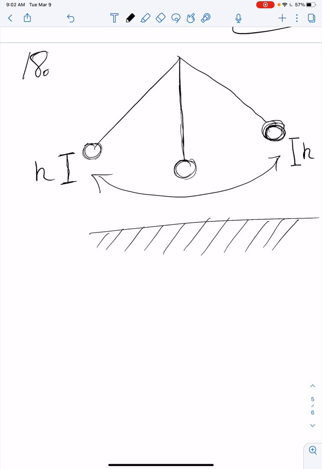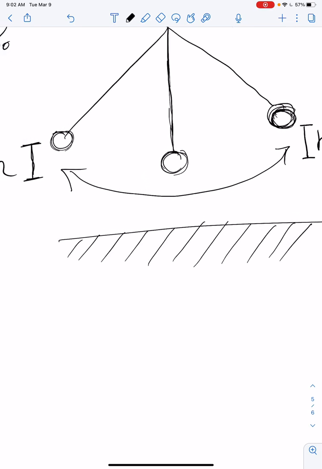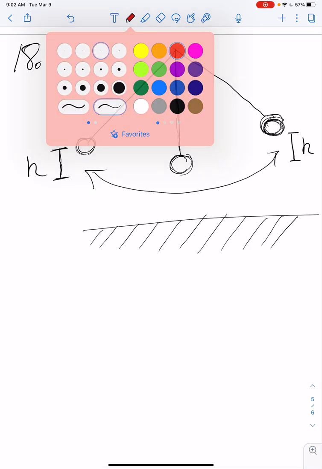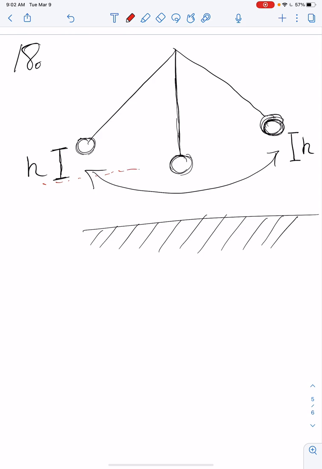If we think about this, this is interesting. We can call the ground zero, but I think it's actually easier to call this line right here zero. So we'll say that there's zero PE.